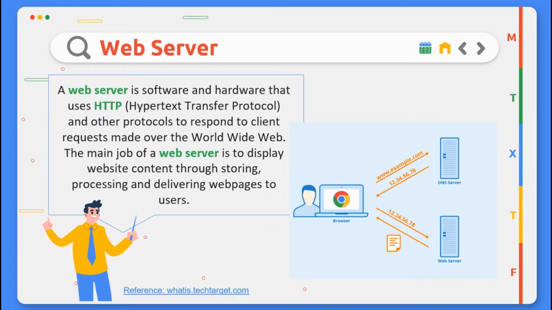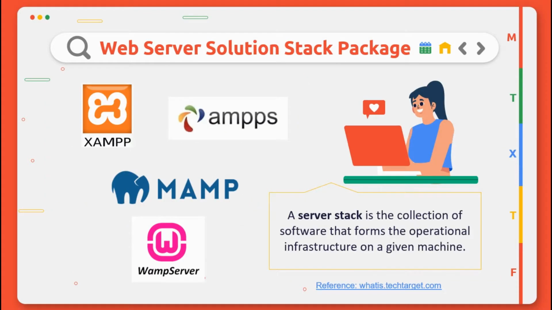It is software and hardware that uses HTTP and other protocols to respond to client requests made over the World Wide Web. The main job of a web server is to display website content through storing, processing, and delivering web pages to users.